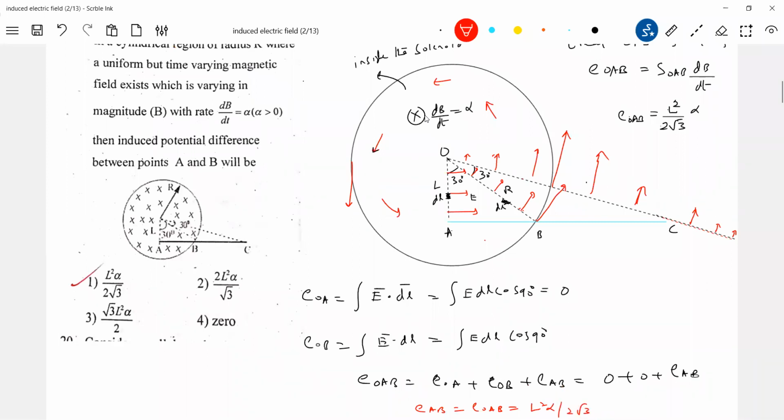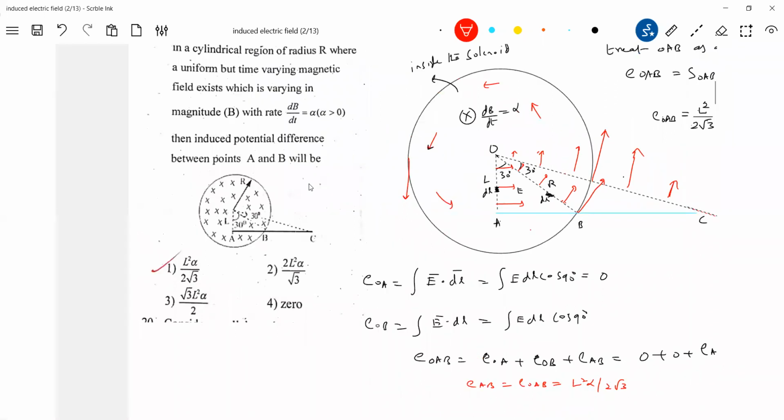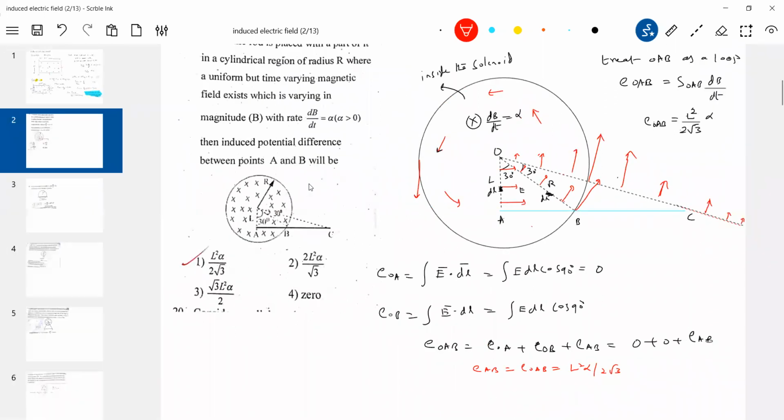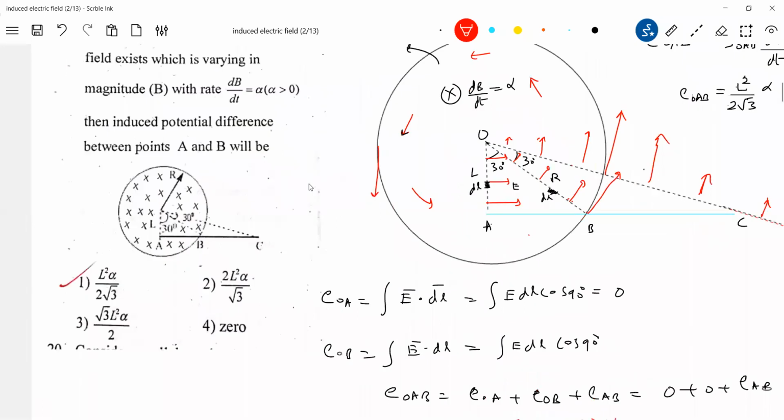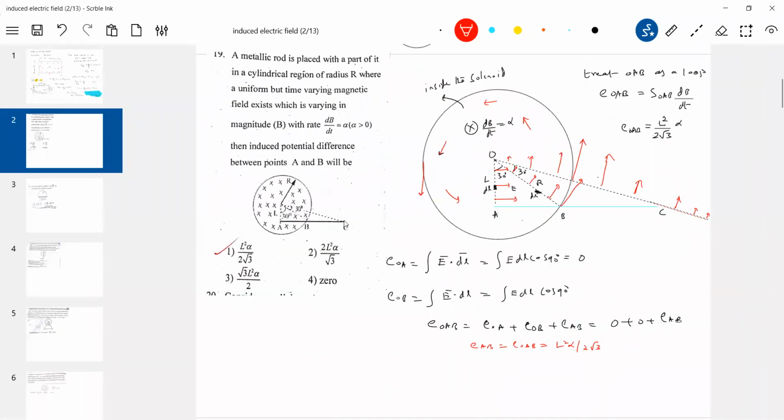Now I want this for the total rod AC. How to do it? We will calculate that also because anyway the problem is available. For EAB we calculated, I want EAC.